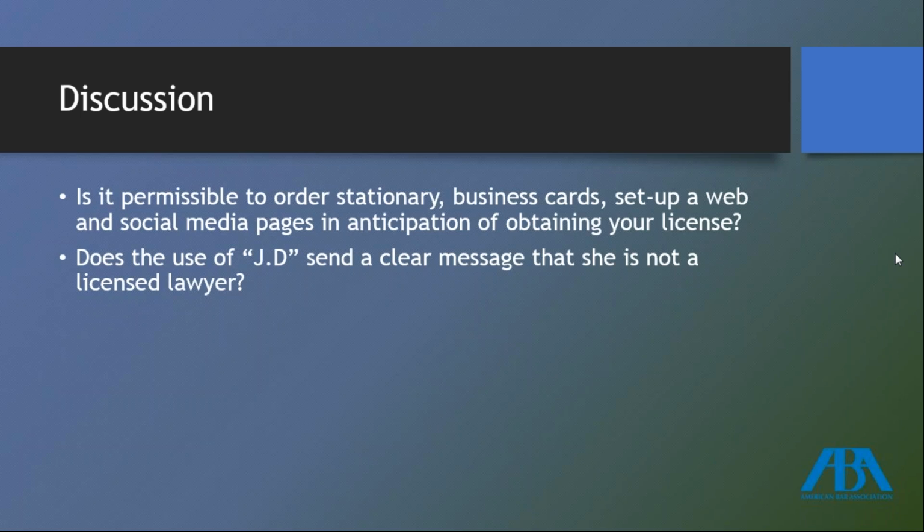In a real-life scenario, this was a hybrid of two real-life situations. The first one, a law school graduate posted on Facebook and another social media page that she was an attorney before she had actually been licensed. And in the second, a law school student was posting responses to inquiries from lawyers on a listserv.